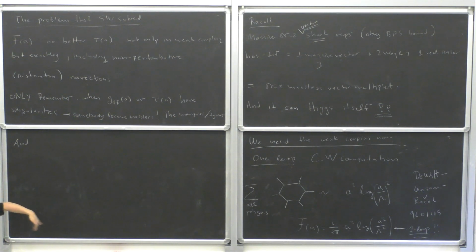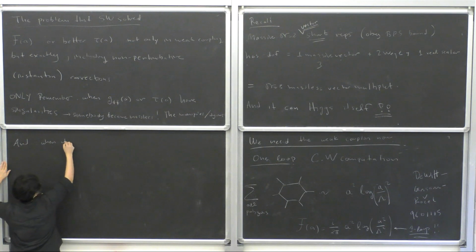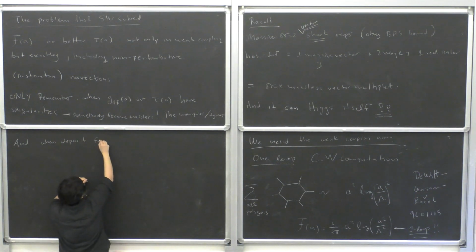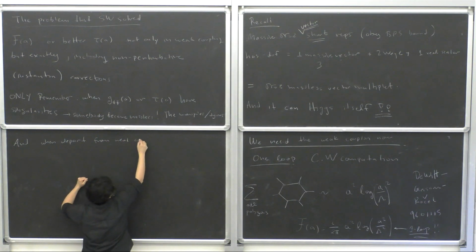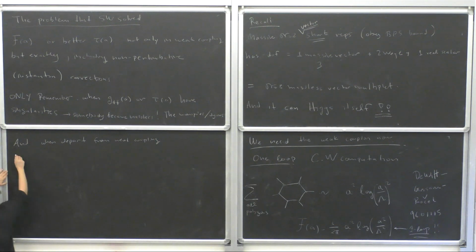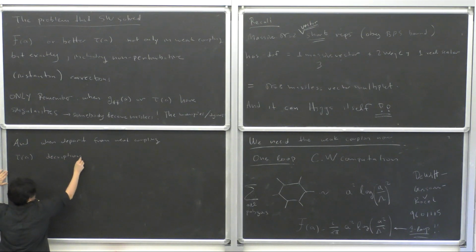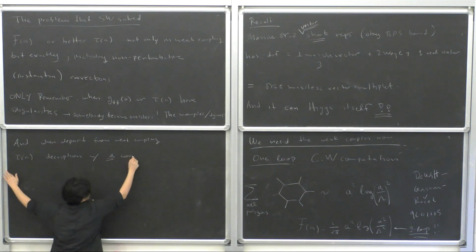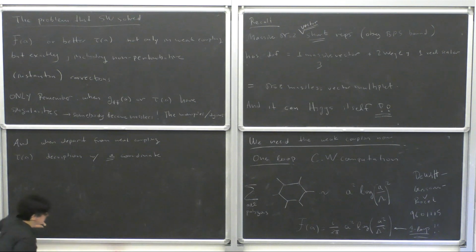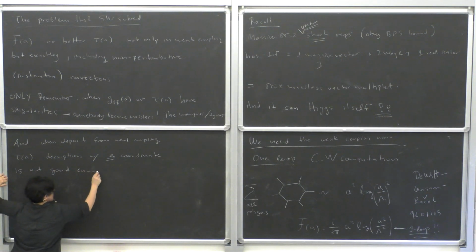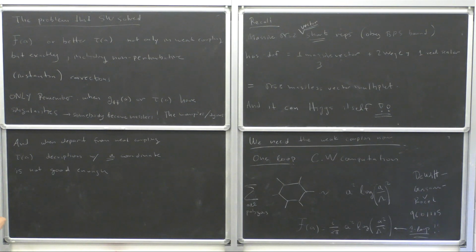When we depart from the weak coupling, we will see that tau of A, the description of it, with A as a coordinate, is not good enough. We will see why. So what we will do is ask for other sets of coordinates. You can think of your moduli space. Here you can say, oh, it's nicely covered with one set of coordinates.